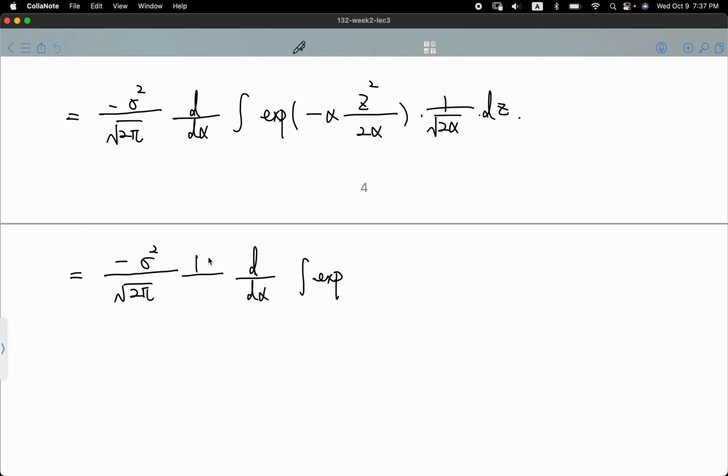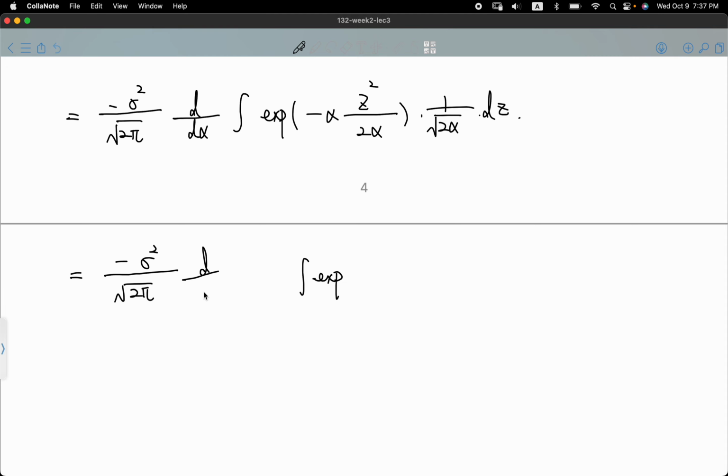And okay, so yeah, when you do this kind of thing, make sure you don't mess up the order.